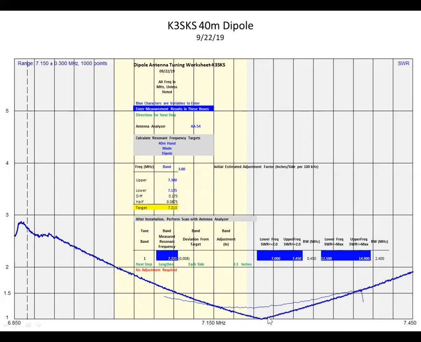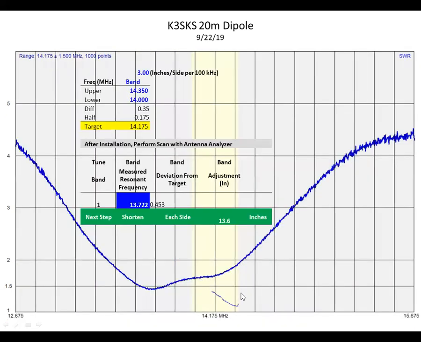And I got it fairly close, but even though I wasn't exactly where I wanted to be, I was less than 1.5 through the whole range I wanted to be. So that was a good fit for what we needed there. And then did a similar thing with 20 meters.